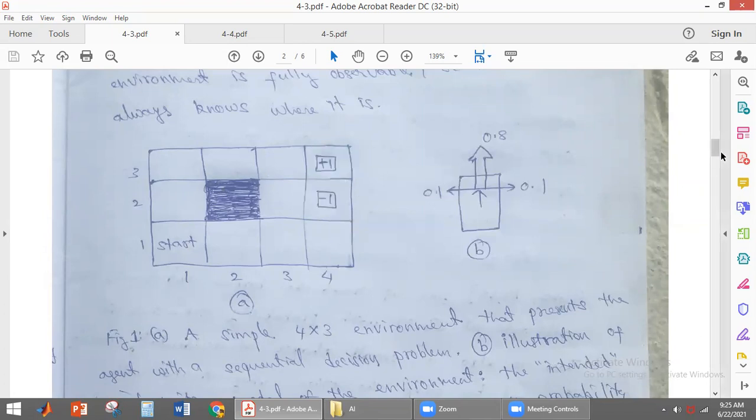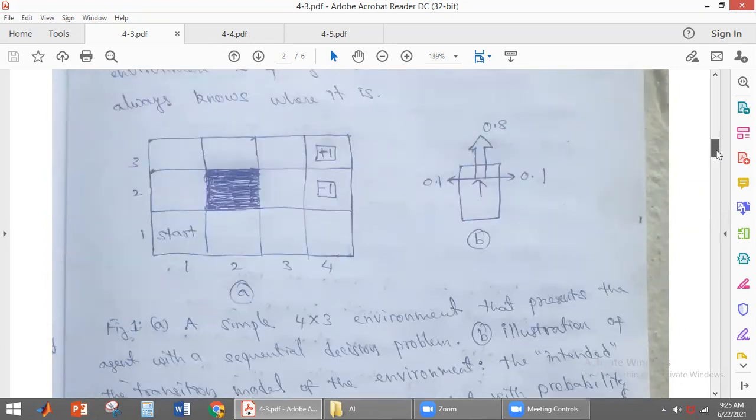So what are the three components that specify the Markov decision process? The initial state, the probability of reaching one state from another by taking a particular action, and the reward for each and every state.